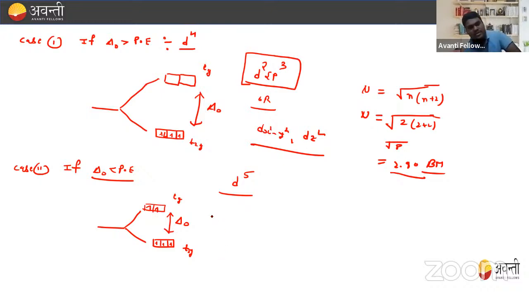So here, if someone asks which d orbital takes part in hybridization, the hybridization becomes sp3d2. So which d orbital is used here? Basically the outermost d orbital that we are using in this, right? Not the inner d orbital. So they will form outer orbital complexes.